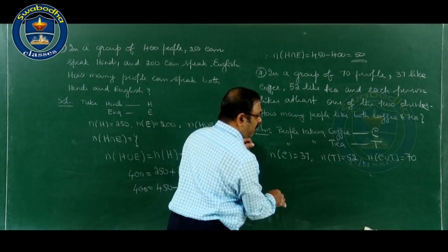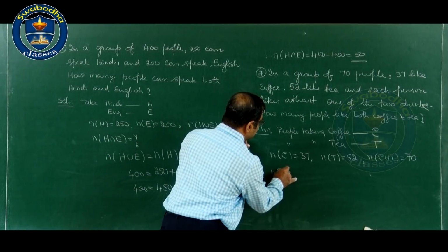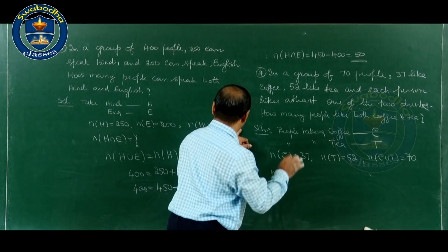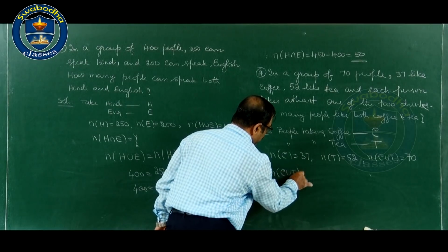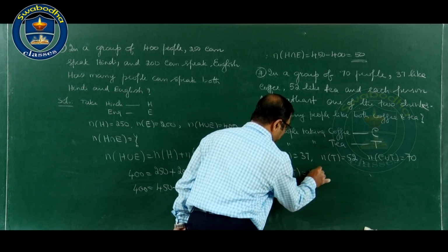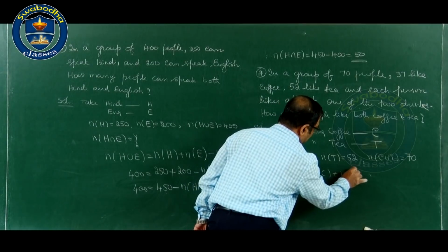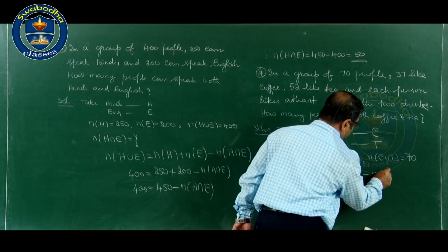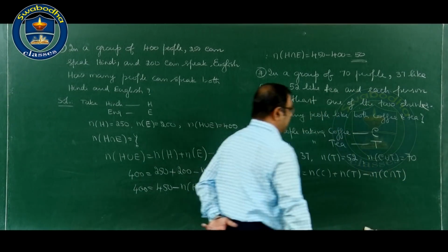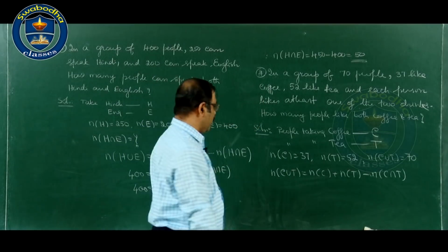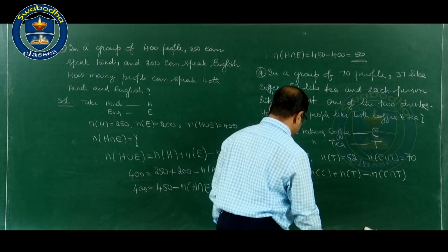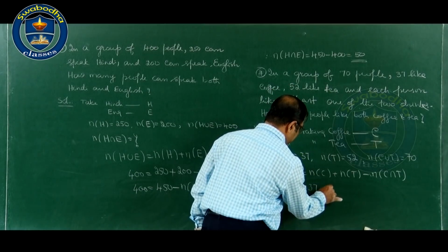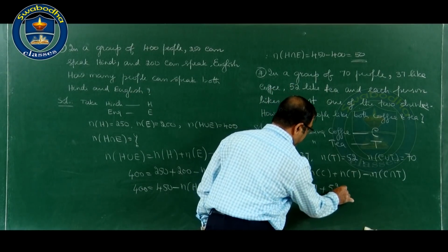Now write the formula. What is the formula? N of A union B is N of A plus N of B minus N of A intersection B. Similarly, C union T, what is it? N of C plus N of T minus N of C intersection T. Now, what is N of C union T? 70. N of C 37. N of T 52.